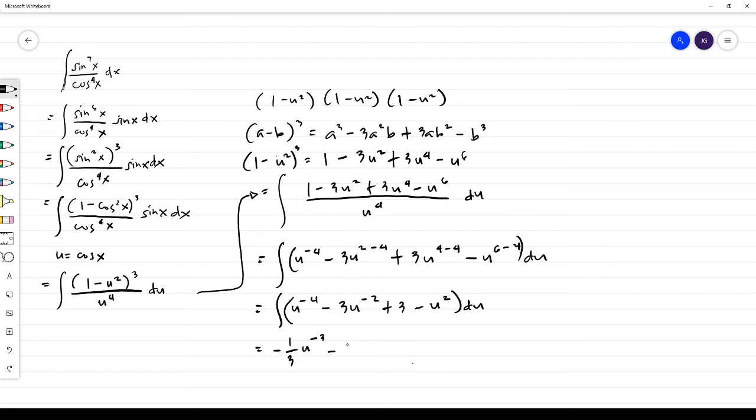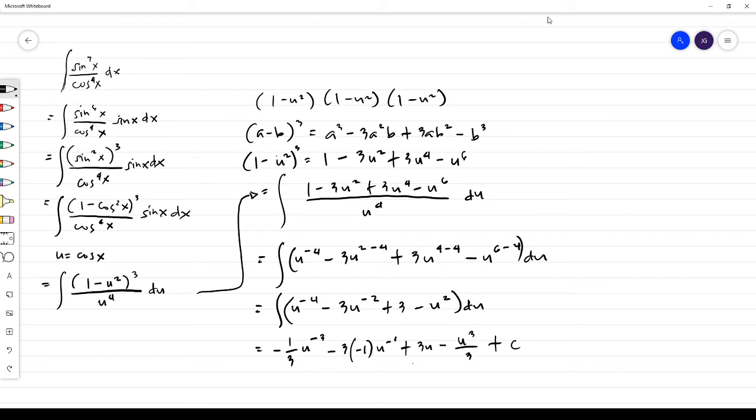Then we have 3, which is equivalent to negative 1, then u raised to negative 1. Then plus 3u. Then minus u raised to 3 over 3. Okay, and don't forget our constant.